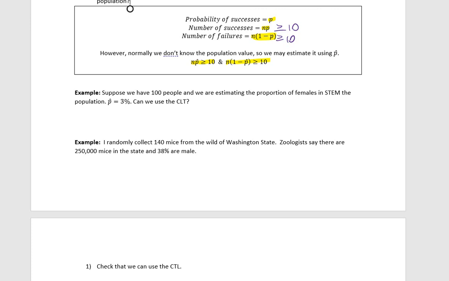So we want to look at the number of successes, which would be the size of our sample, times p hat, which would be 0.03. So we get 3 successes. So if you're not a success, that means that you are a failure in this class, not in life.